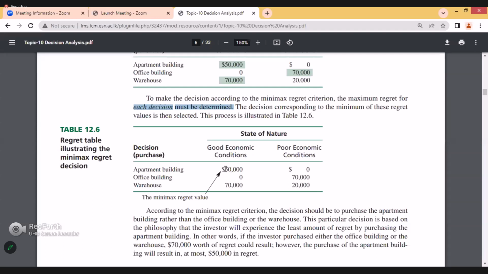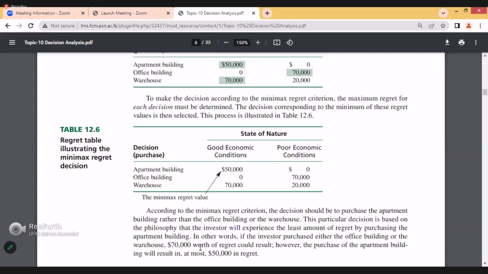So therefore, according to the minimax regret criterion, this should be the apartment building rather than the office building or warehouse.